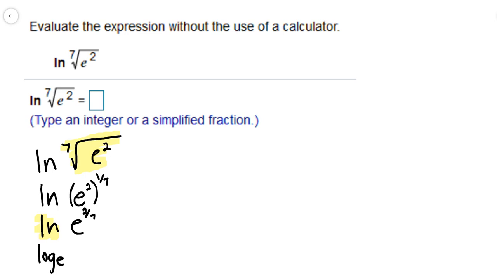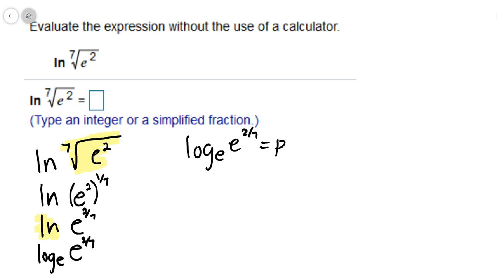Natural log is the same thing as log base e. I don't know what this expression equals, so let me call it p. I'm going to rewrite it as an exponential so that I can figure out what p equals.